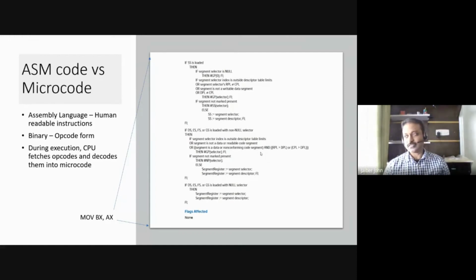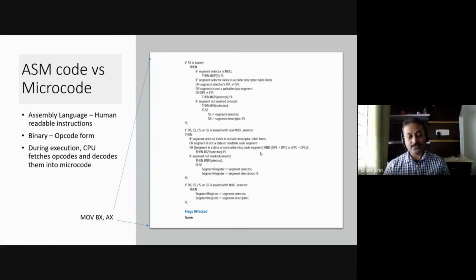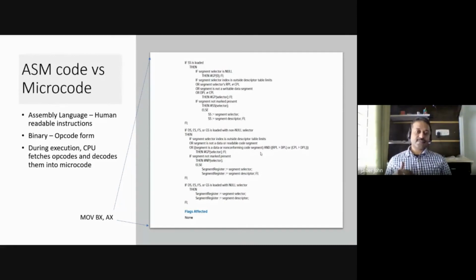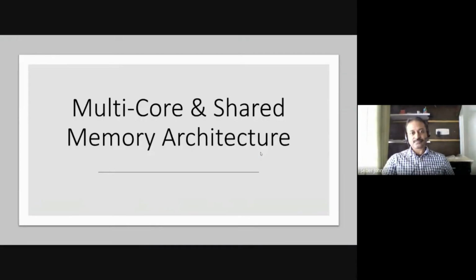When you're, for example, executing a virtual machine and running this instruction inside the virtual machine, then again you have to check so many things, whether it's accessing from a different VM, or what the protection levels are, and so on. So a simple looking instruction is not that simple at all. It actually expands to several pages of if conditions like this, right? So that's the complexity behind each instruction.